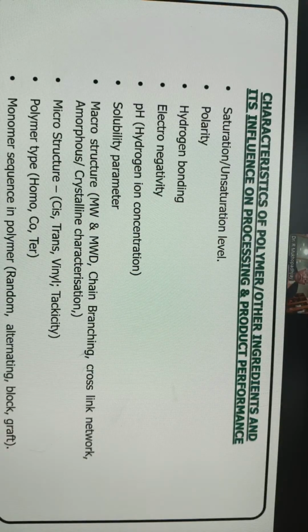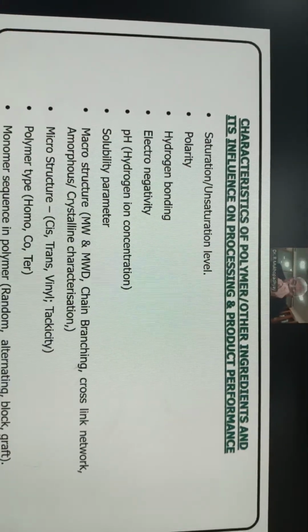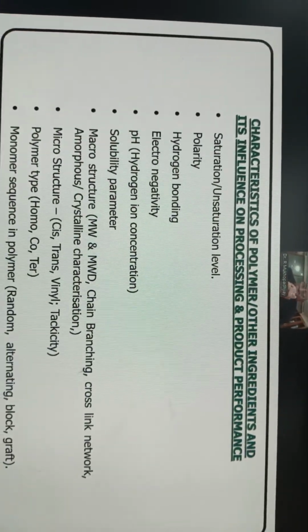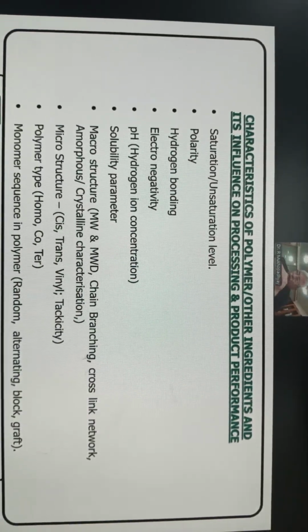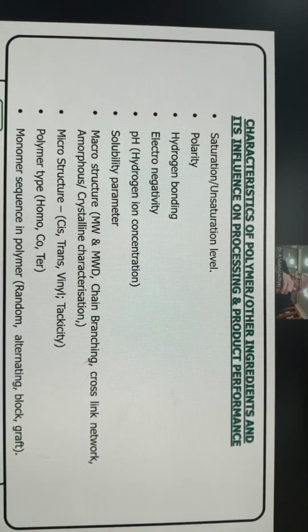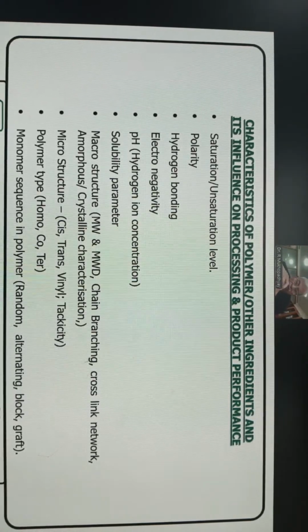When you select the polymer, you have to consider the saturation or unsaturation level, polar or non-polar, hydrogen bonding, electronegativity, solubility parameter. Compatibility depends on solubility parameter, like sulfur, which has limited solubility in nitrile rubber and general purpose rubber. Then you also require amorphous and crystalline characteristics, molecular weight or molecular weight distribution, and macro and micro properties.